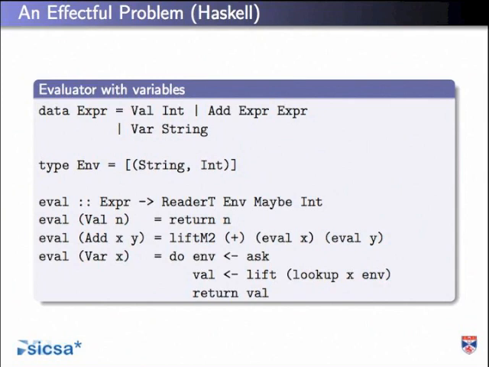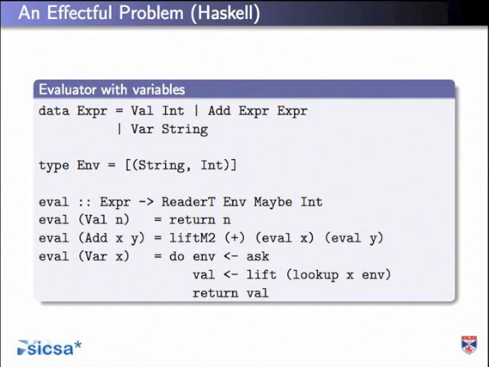And in the end here, all we have to do is look up the value in the environment. Get the environment, look up the value in the environment, and then return it. So it's kind of as before, except we have a little bit of plumbing to deal with these effects that we have.